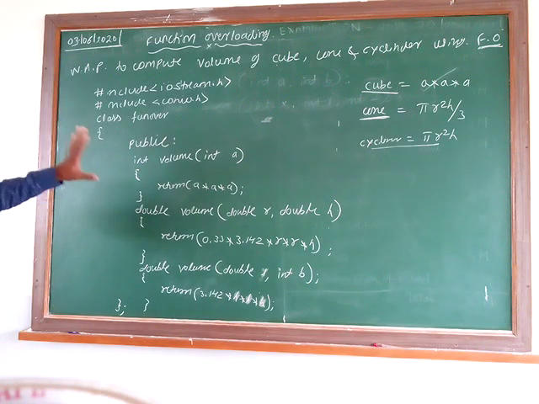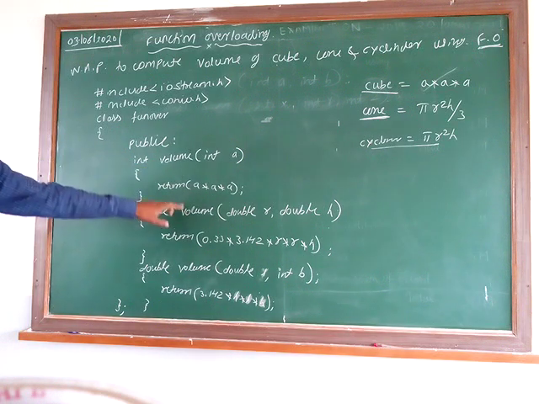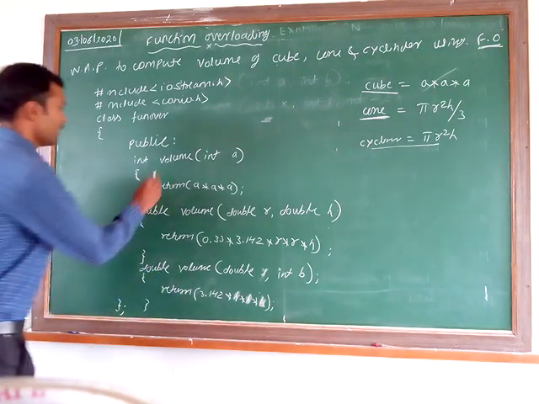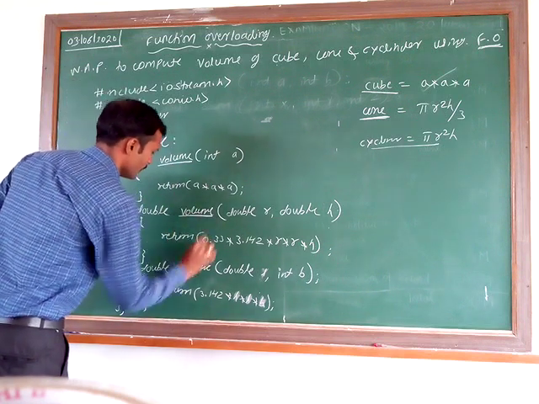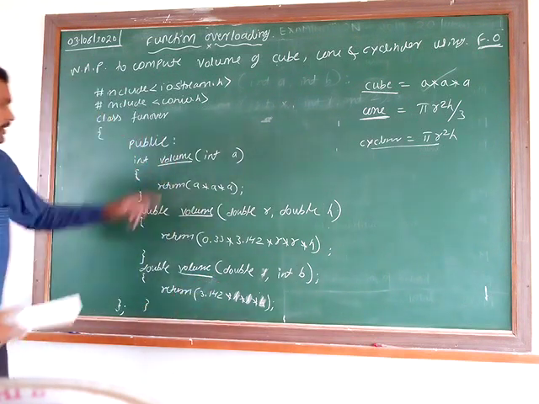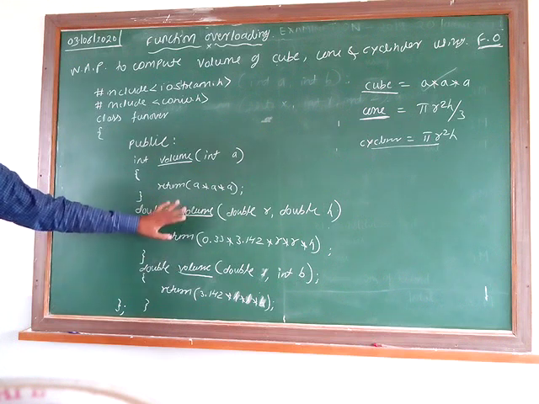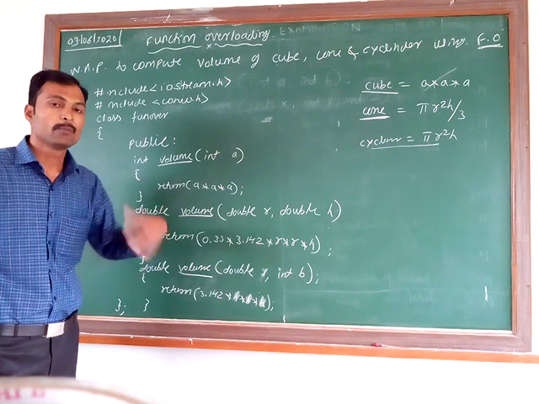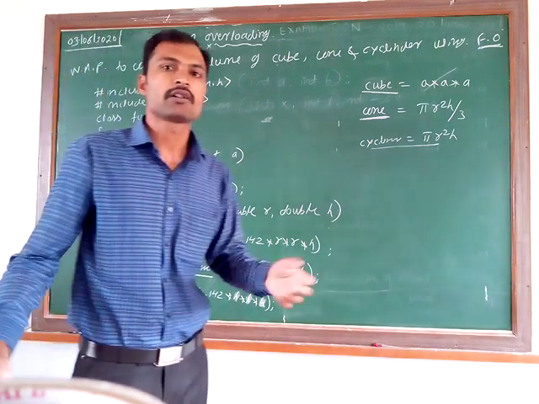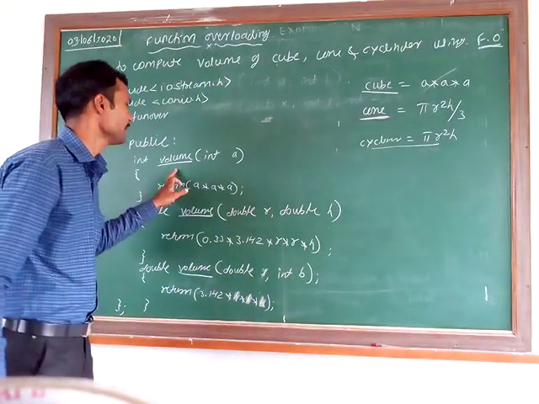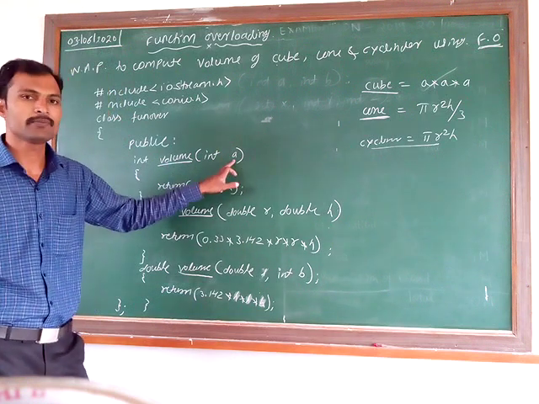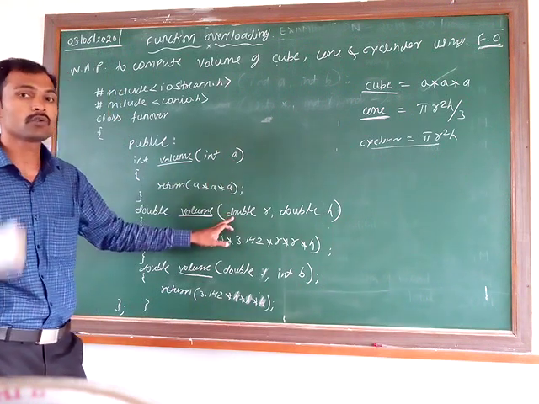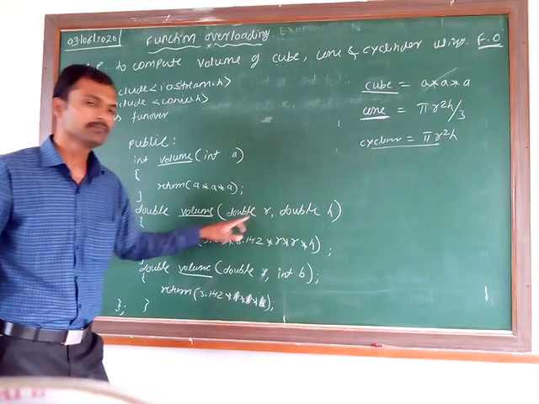See, this is how the functions are. All the function names are the same: value, value, and value. But the number of arguments or types of arguments differ. The first function has only one argument, of int type. The second function has two arguments, both double type.